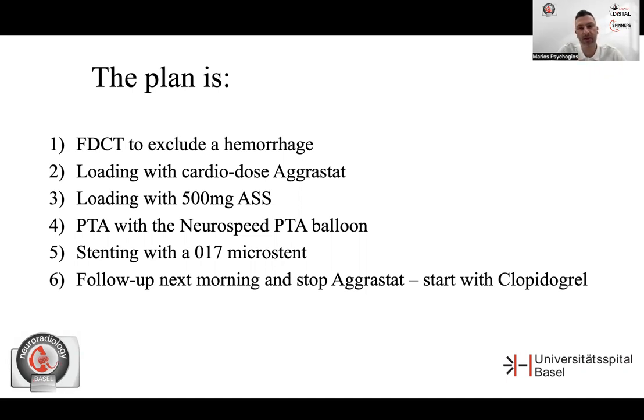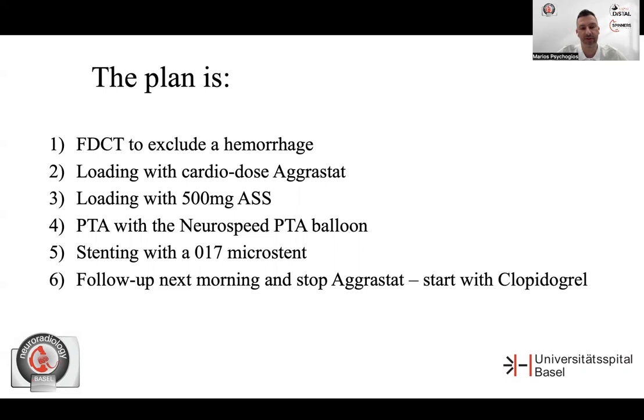And then what we use mainly for these occlusions or for this stenosis is a dedicated neuro PTA balloon. It's called a NeuroSpeed. And I really find this is flexible, and you can use it safely for those distal plaques. And then you go through this balloon and stent with a 017 microstent.